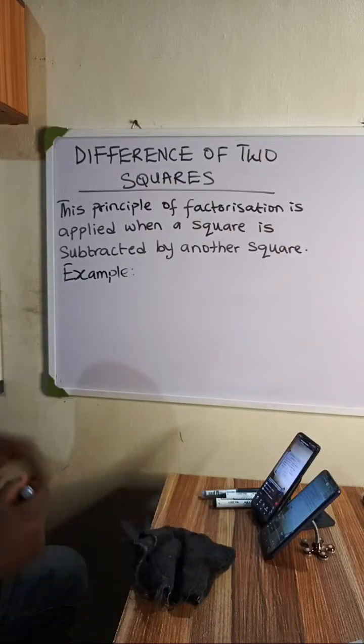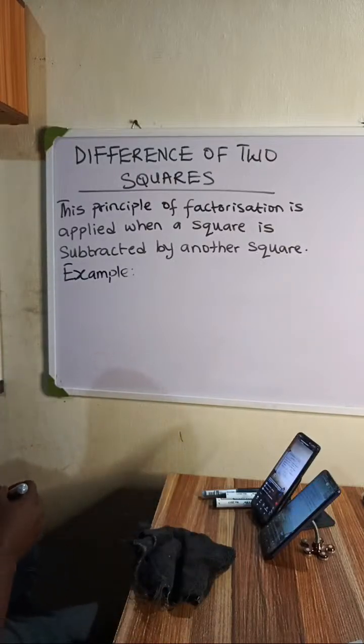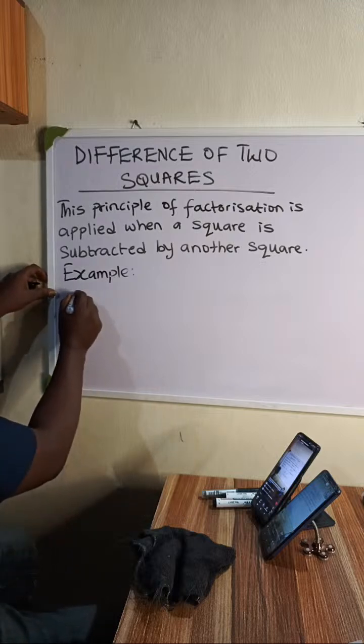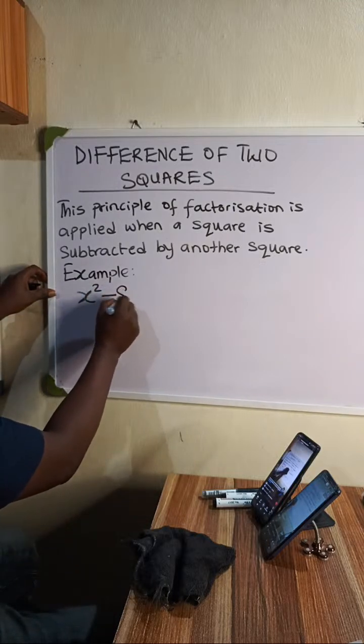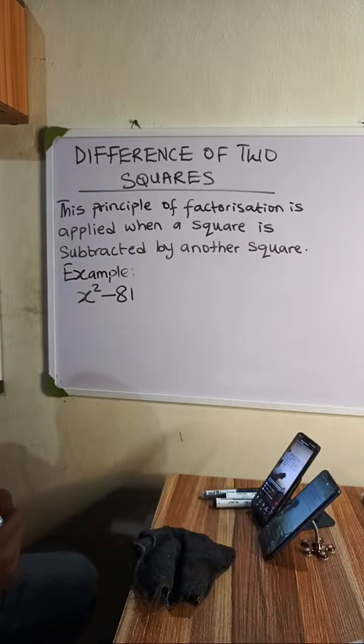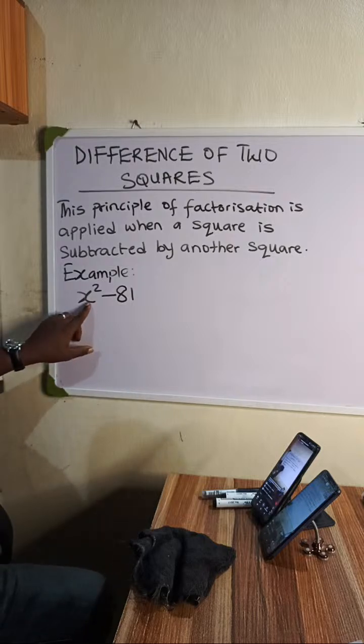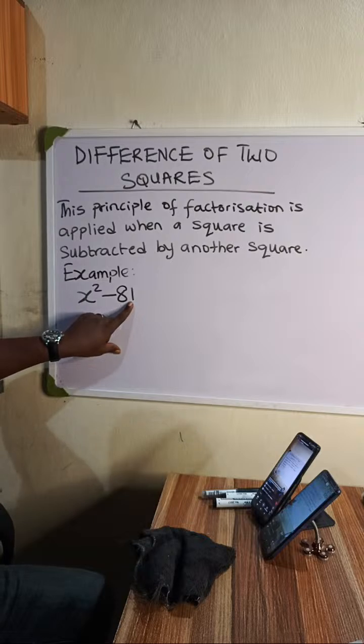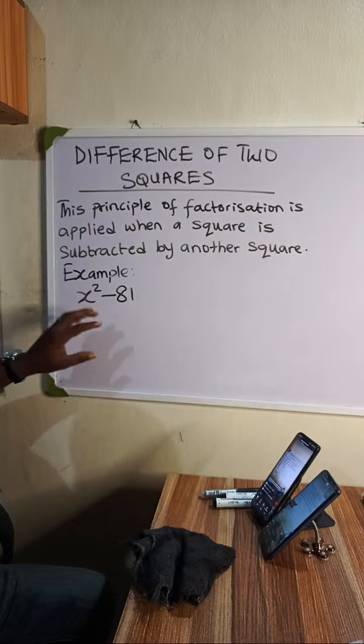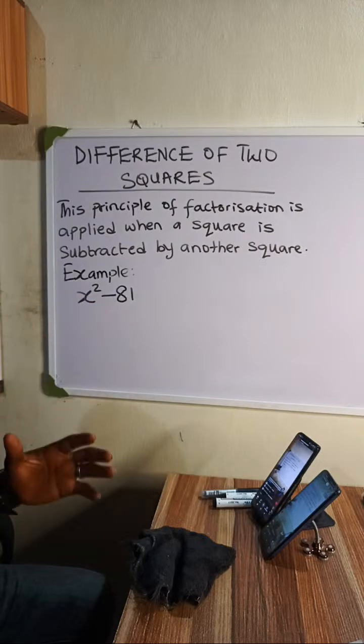So the second example, we have x squared minus 81. We can see a squared value here, but we cannot see a squared value here. This is not a squared value. We just have 81. But for us to apply difference of two squares, we need squared values.